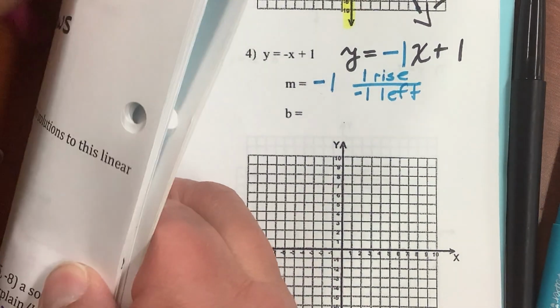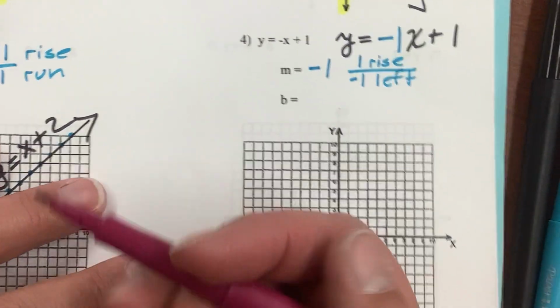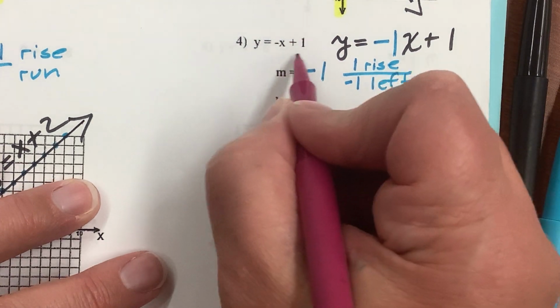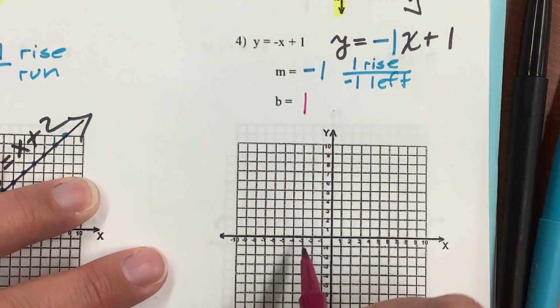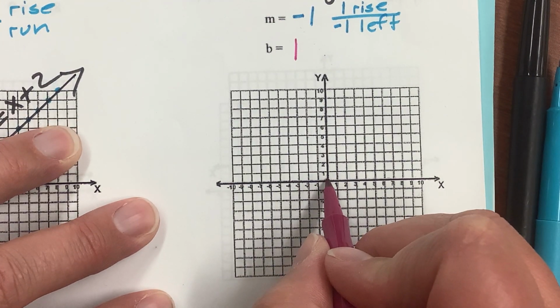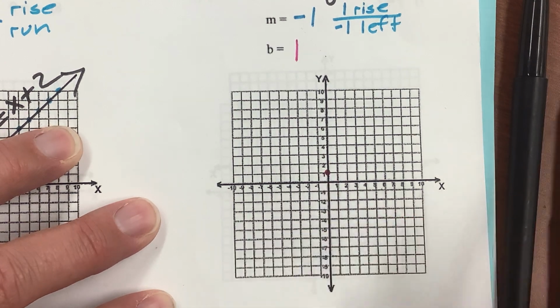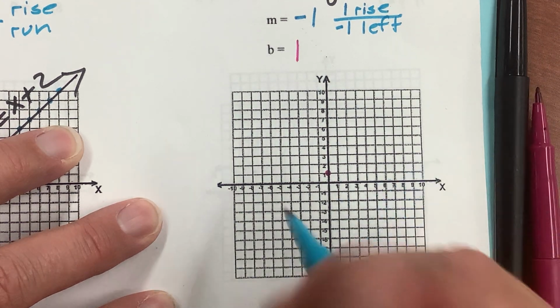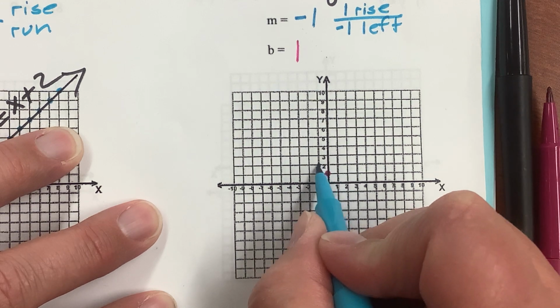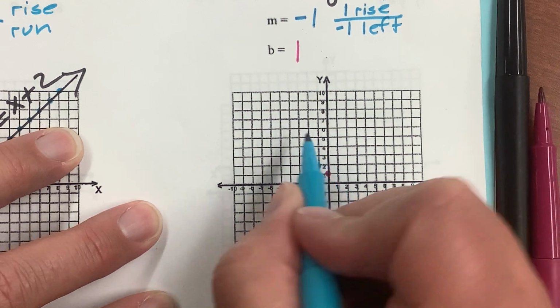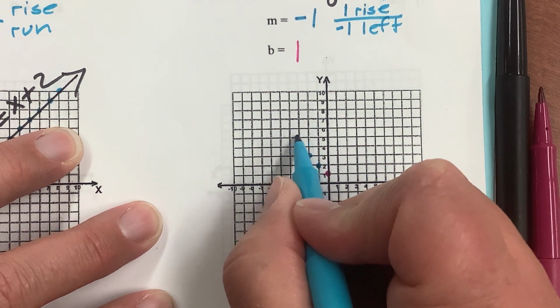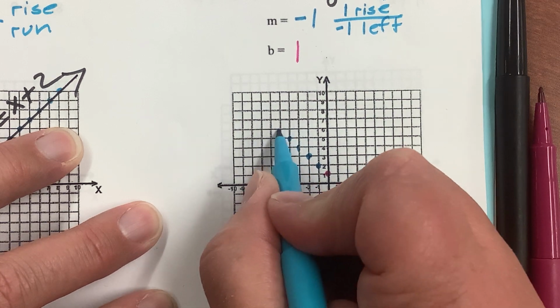Okay, grab my pen. And I'm going to start where? At +1. b is 1. So I come up here and I'm going to start here at +1. But now I rise 1, left 1, rise 1, left 1, rise 1, left 1.